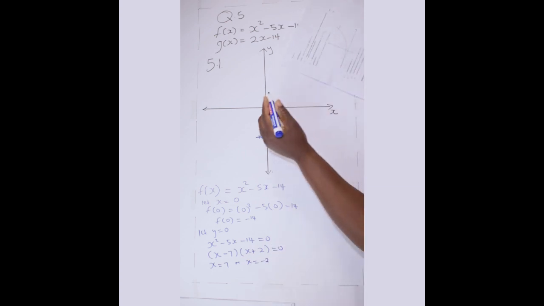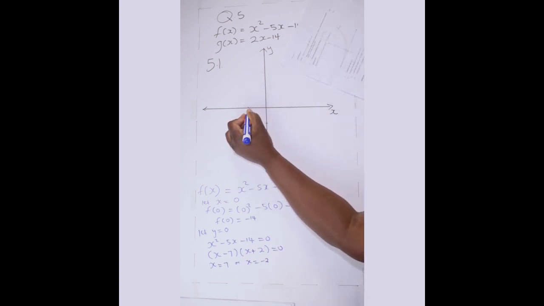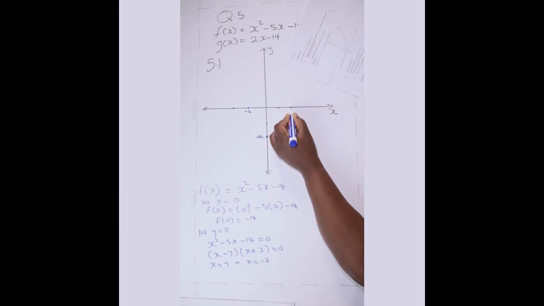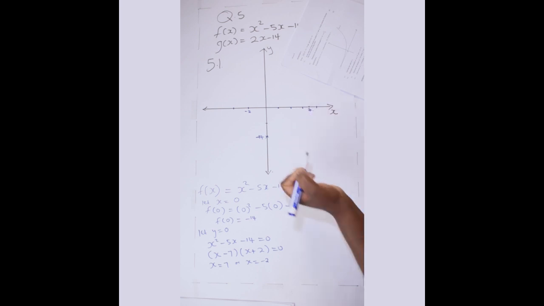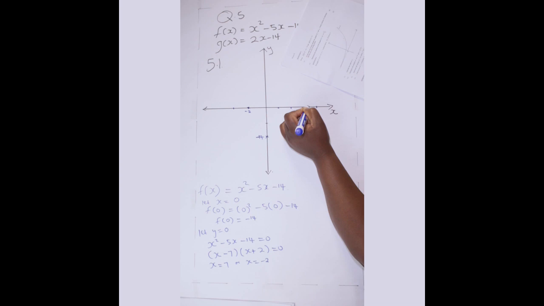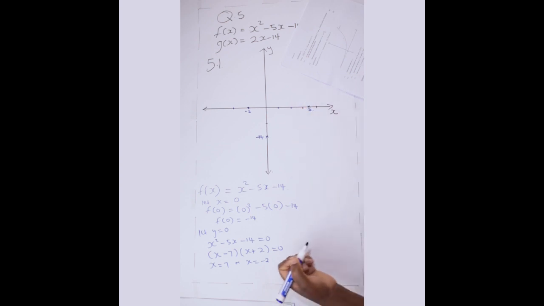So now this is our x-intercept. If this is minus 2 and this side we need a 7, so it's 2, 4, 6, our 7 is somewhere here. That is our x-intercept. Now we are left with one thing, which is the turning point.